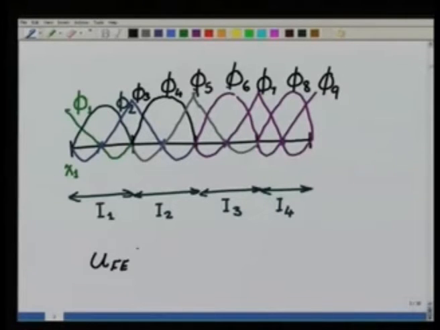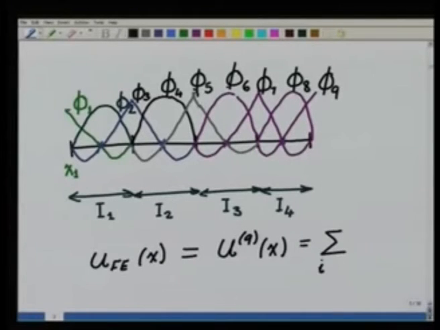So U_FE of x, we will use our earlier notation, is going to be U9 of x, a 9-term solution, equal to sigma i equals 1 to 9 of Ui phi i. So this is a pictorial thing.